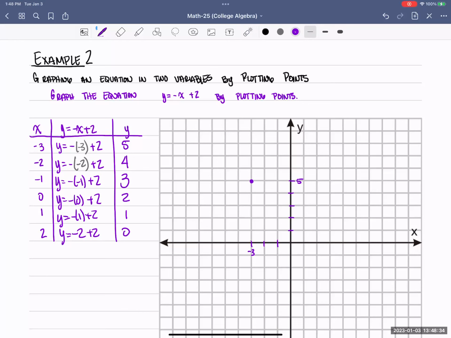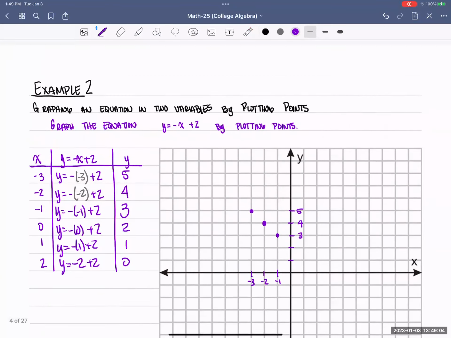-2, 4. We're going left 1, 2, and up 1, 2, 3, 4. So that's this point here. The next is -1, 3, up 1, 2, 3. Next is 0, 2.